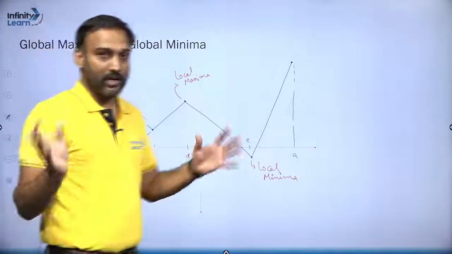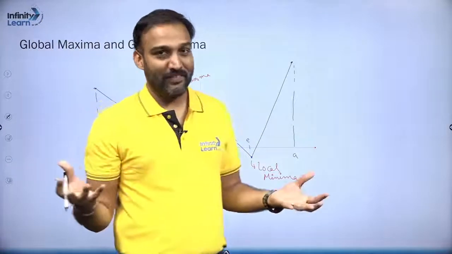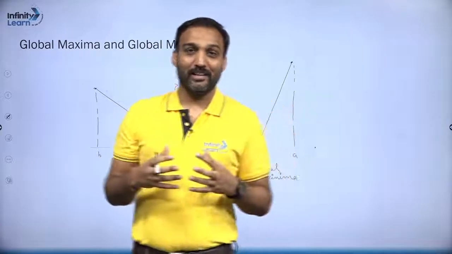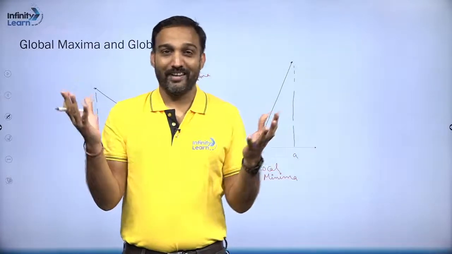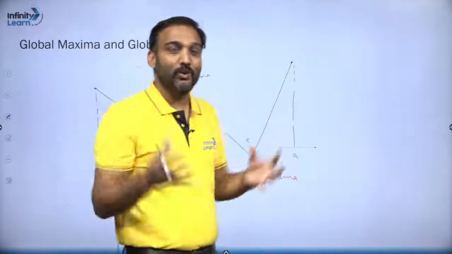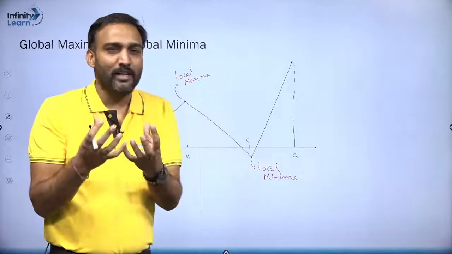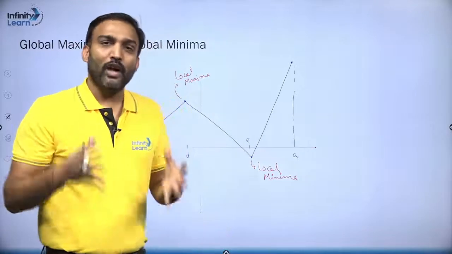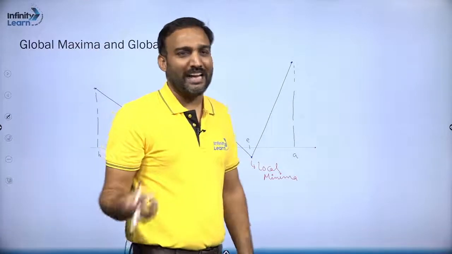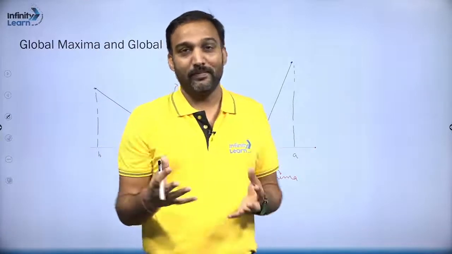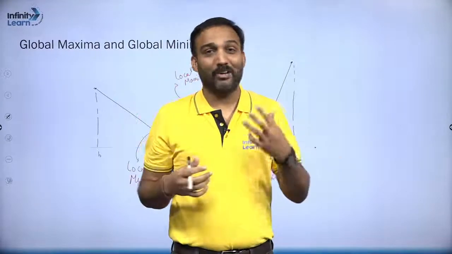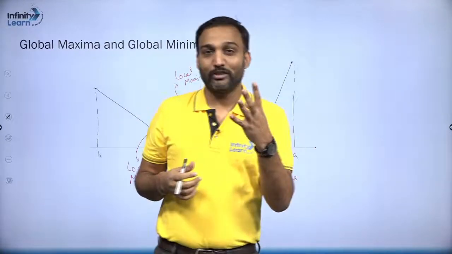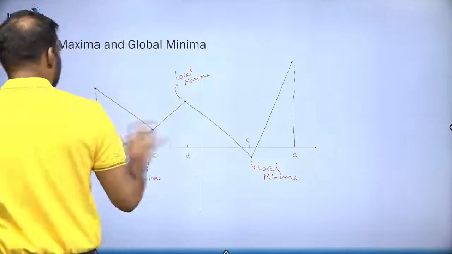But when we talk about global, the global maxima is the ultimate greatest value, and the global minima is that smallest value in the entire domain. The smallest in the entire domain cannot be 2, cannot be 3. The maximum in the entire domain cannot be 2, cannot be 3, it has to be 1. So global maxima and global minima will not be more than 1.